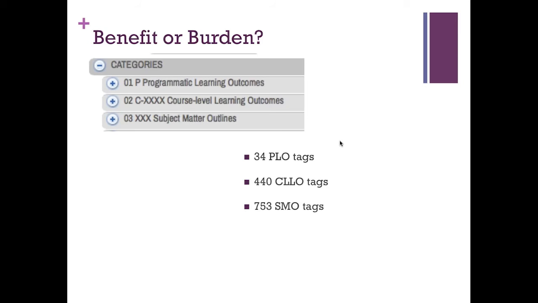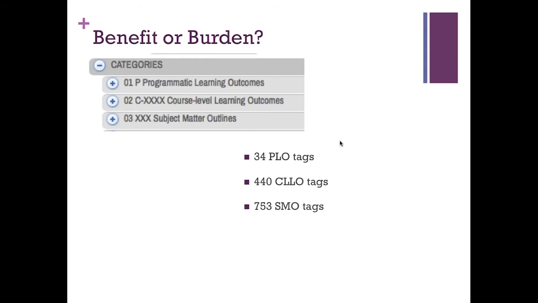We sort of discuss whether it's a benefit or a burden to have all of these tags. And at least for the short term, I think it's more important to have more categories, because the information that we can use and give back to the students is very important to help them improve their student learning.